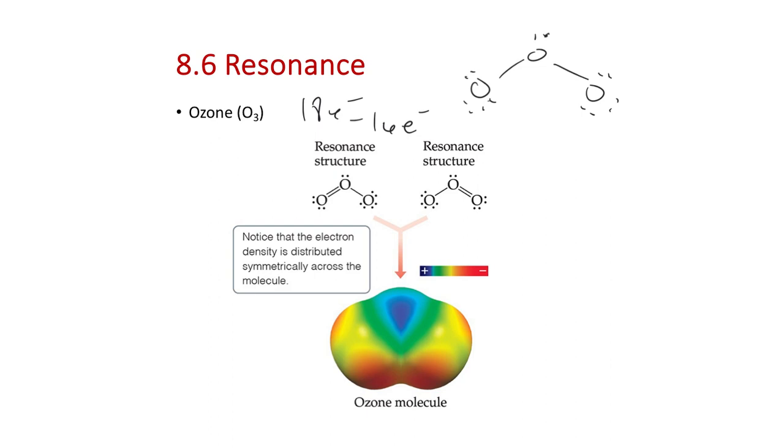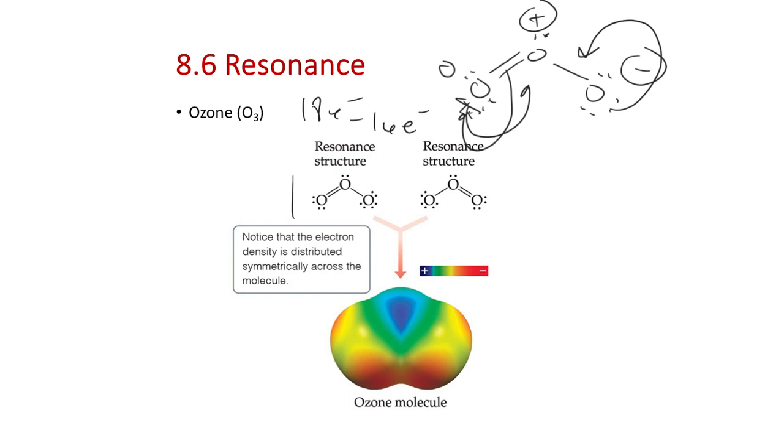And so then that oxygen is deficient of an octet, and so you can make a double bond. So you make a double bond here, lose this electron pair here, make that 0, make this plus, and then make this one minus. And then you can resonate the electron pair over to here, and then put this electron pair back onto that O. So you end up with these two Lewis structures here.